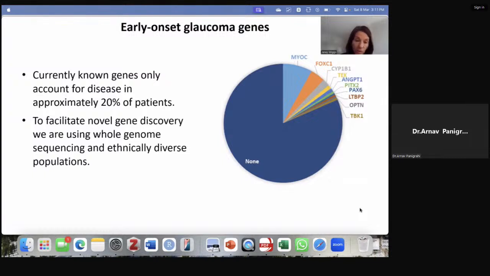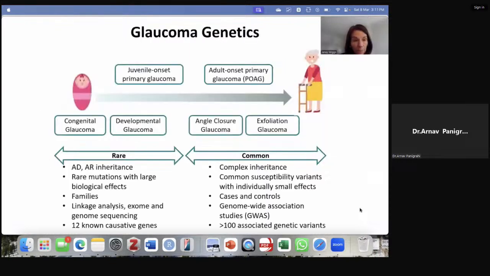So there's likely to be more genes to be found, and to facilitate novel gene discovery, we're using whole genome sequencing in ethnically diverse populations. Using this approach, we've recently found a new gene, EFEMP1, in the Filipino population, and we're excited to start a new exome sequencing project with Dr. Vinny Gupta at your institution to also look in the Indian population.